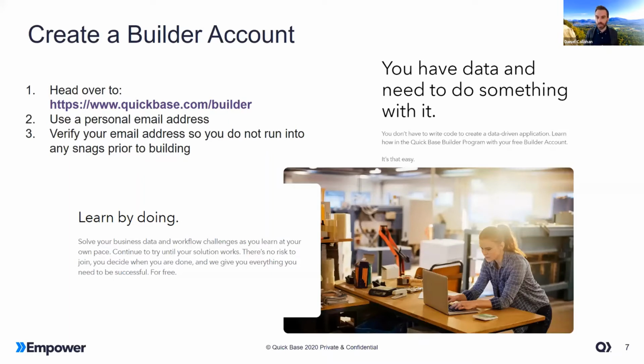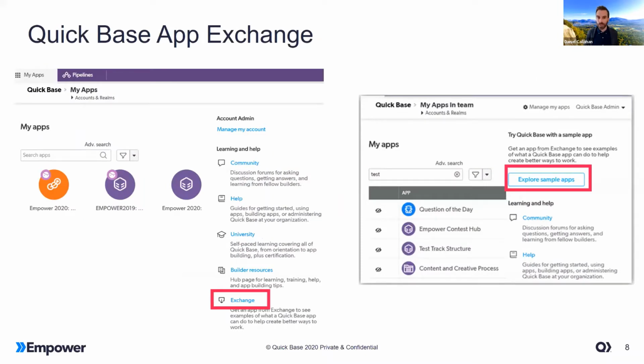Once you have that account up and running, you'll want to click on the My Apps page. And there's a couple different experiences. When you scroll to the right of your My Apps page, there's a Learning and Help column. Either at the bottom of it, you'll see a link that says Exchange, or at the top, it'll say Explore Sample Apps. I've put boxes around those two links here.